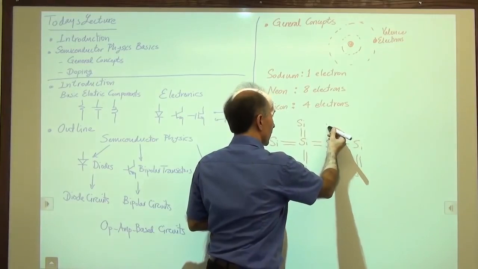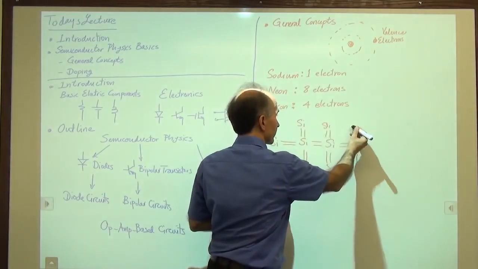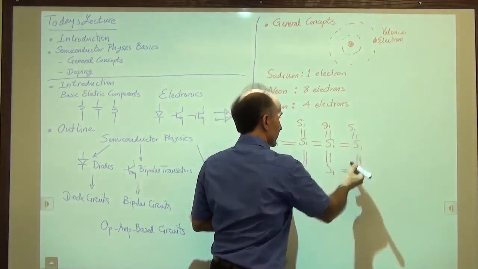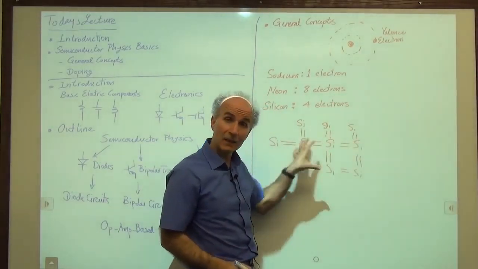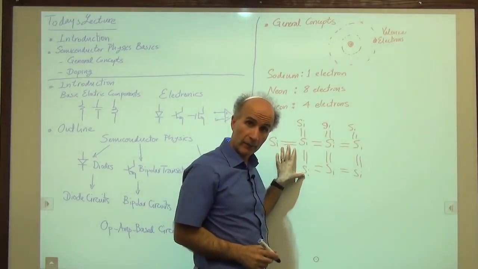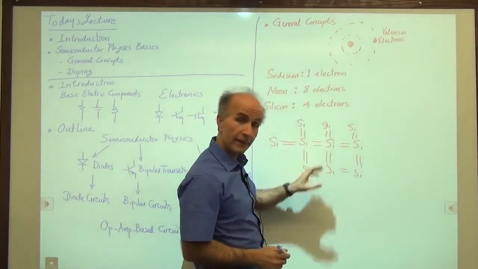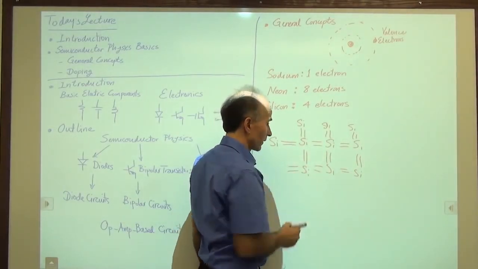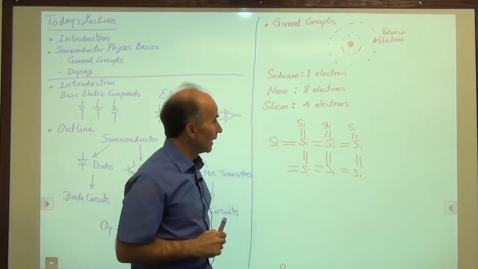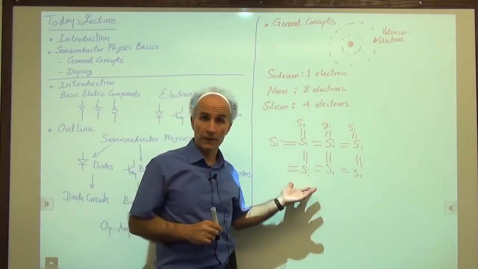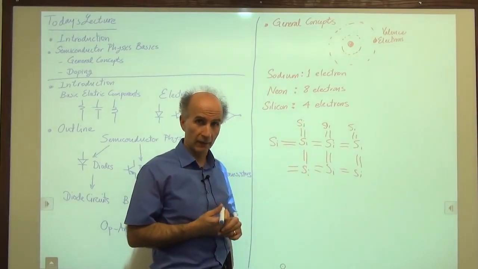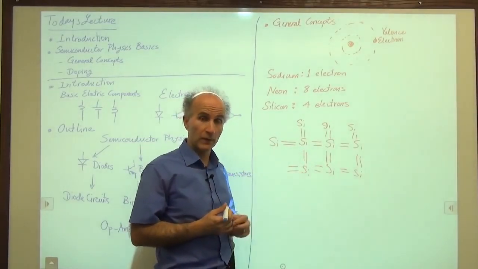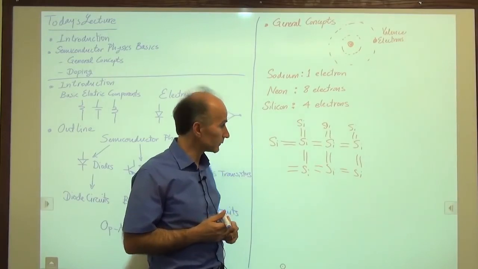These bonds are formed everywhere. So you can see that this is a very regular and clean array of atoms, very organized, and that's what we call a crystal, or a lattice. So silicon has the ability to do this. With proper processing of silicon, we can create a silicon crystal, and that's what we use in semiconductor physics.